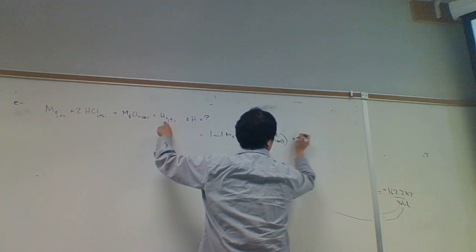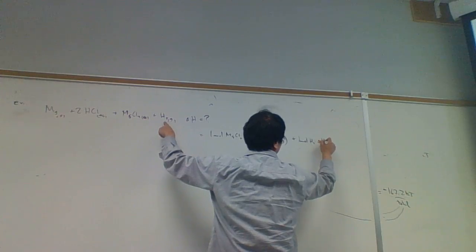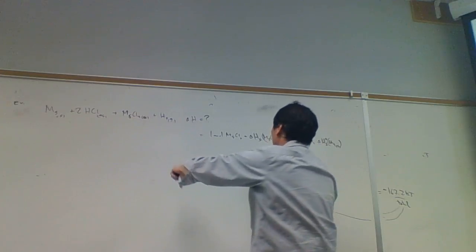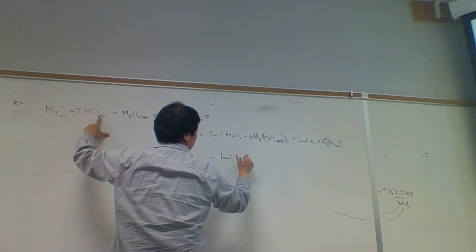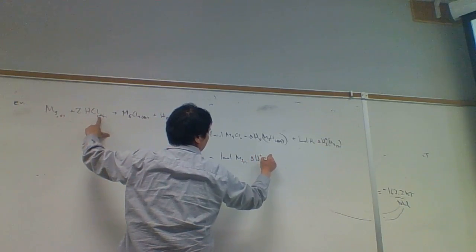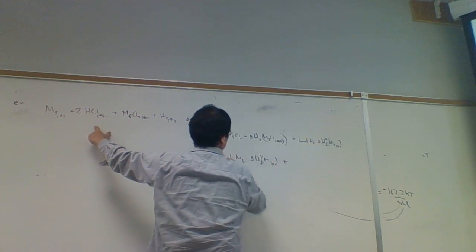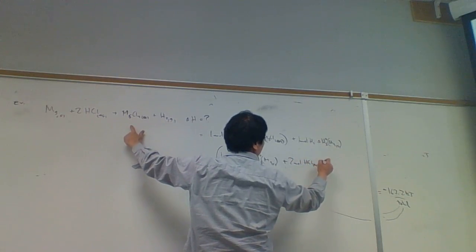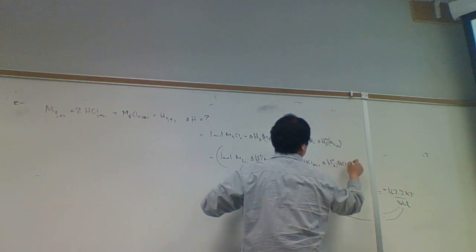Plus 1 mole of hydrogen, 1 mole of H2, times delta H of formation for H2, minus the reactants, minus 1 mole of magnesium solid times delta H of formation for magnesium solid, plus 2 moles of HCl AQ times delta H of formation for HCl AQ.